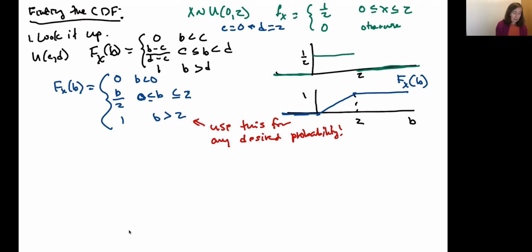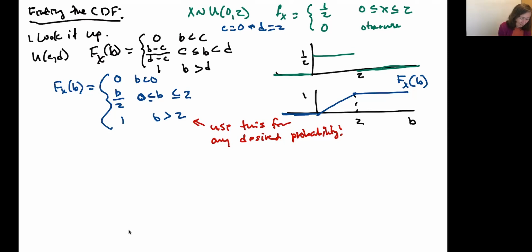All right. Yeah, so that was kind of a long-winded explanation of something that is really quite simple. Like, you look up the formula in a book, you get this, and you plug in your values of C and D to get that. I shouldn't belabor this to the point where I make a fairly simple thing seem hard.